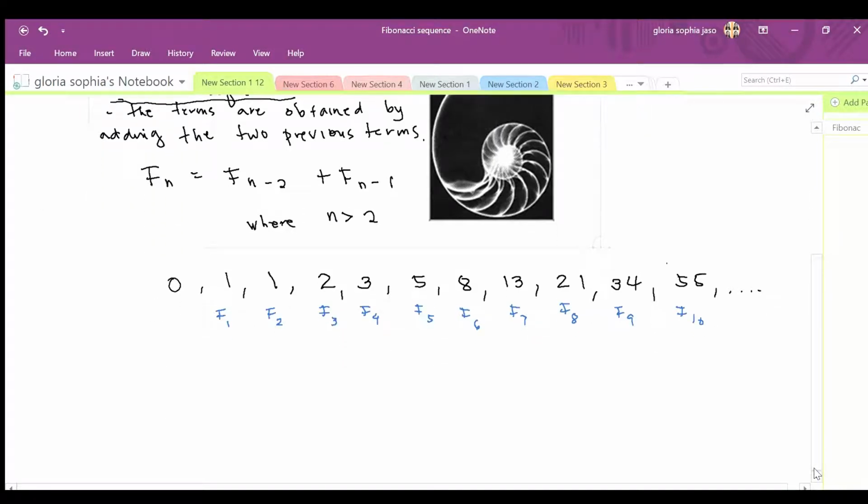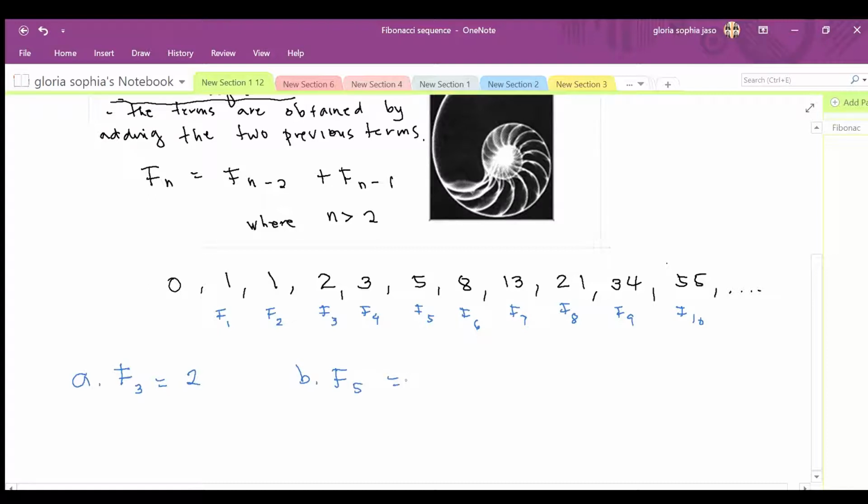So, for example, class, let us find f of 3. What is f of 3? F sub 3 is 2. Another example, what is f of 5?